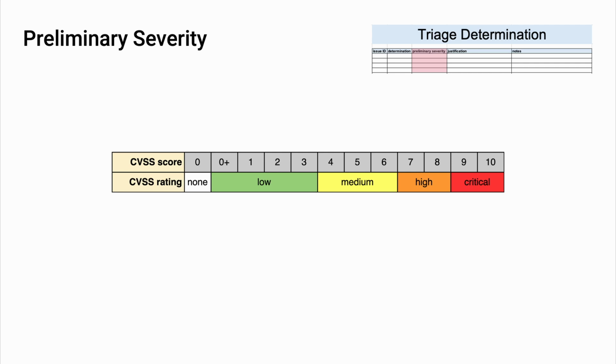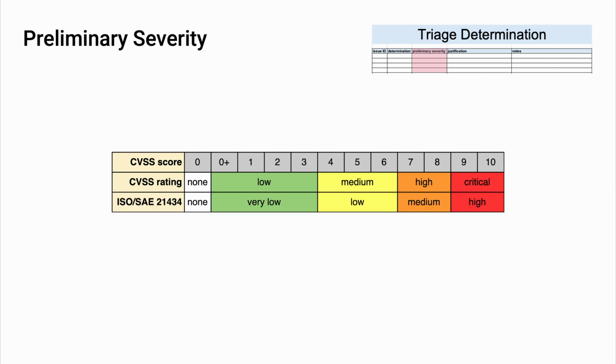If we look at what's specified in ISO SAE 21434, for example, we have very low, low, medium, and high. Unlike the CVSS ratings, the ISO SAE 21434 doesn't specify what the values should be aligned to. The AVCDL chooses to align them to the CVSS rating range.